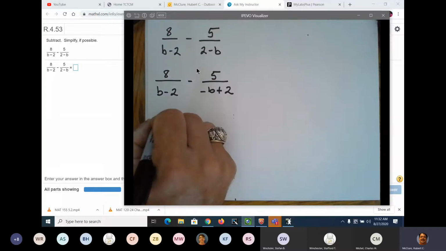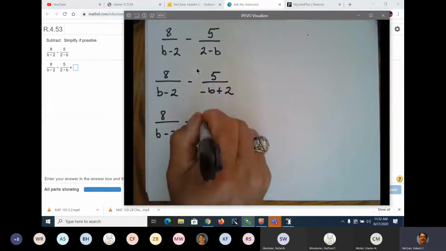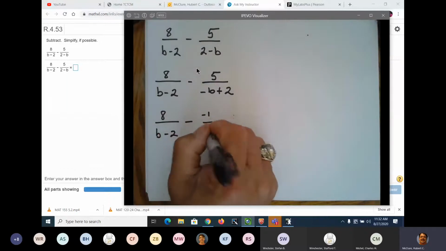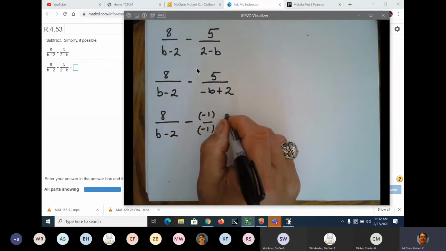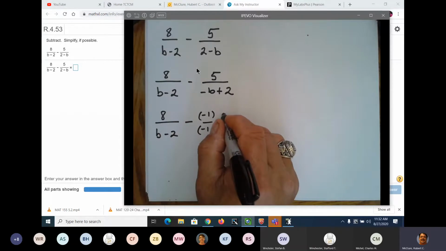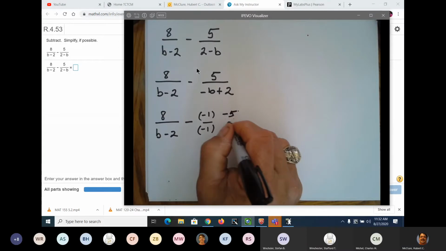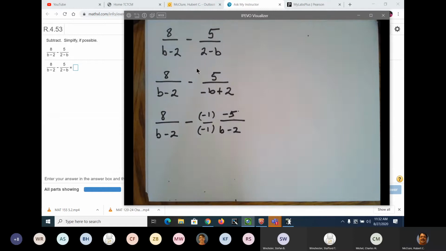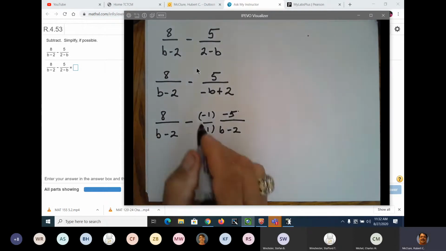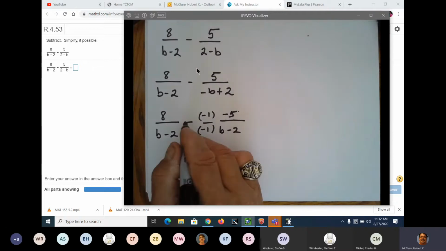So 8 over b minus 2 minus -1 over -1, and that leaves me with a -5 over b minus 2. Now, -1 and -1 is going to be a positive, so that's going to make this a positive.